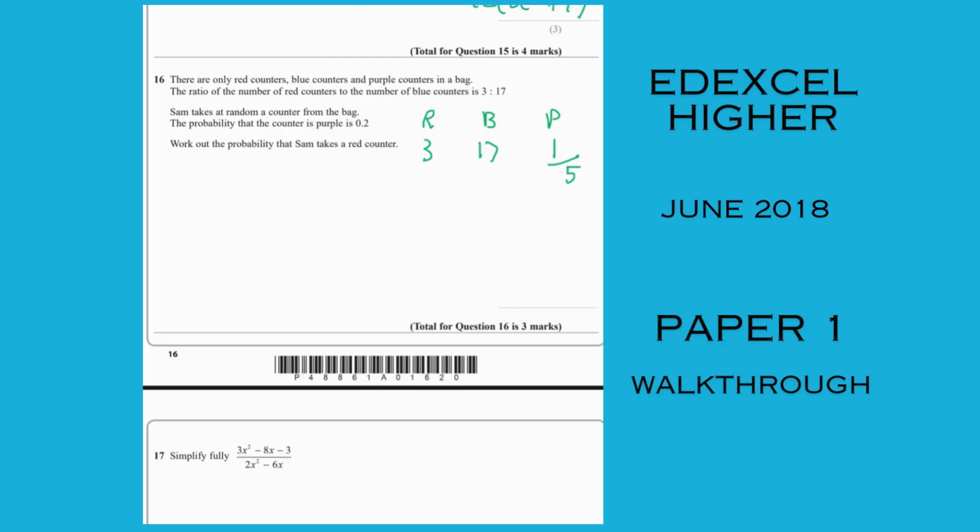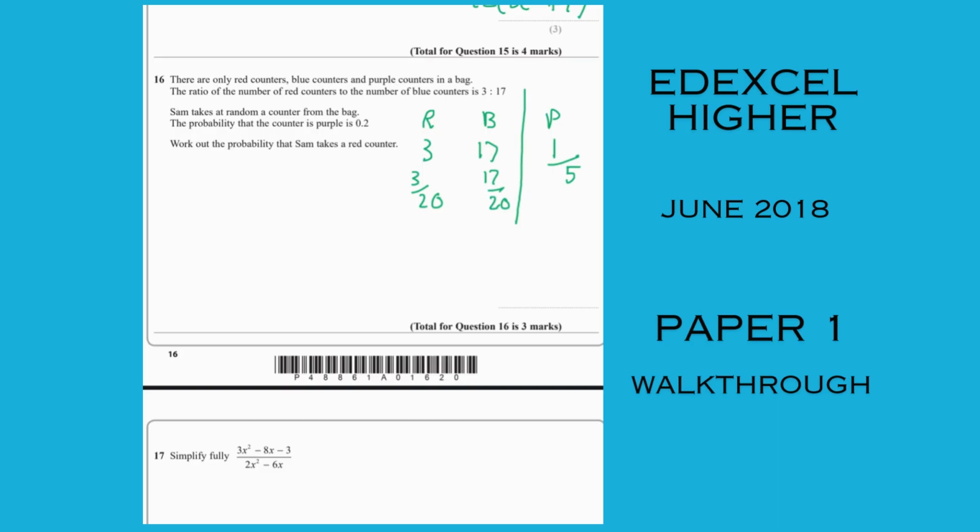So if they're in that ratio of 3 to 17, that means red is 3/20ths and blue 17/20ths. But you might go, oh, they don't add up to 1. They're separate, because that's a ratio of one to the other, not including purple.